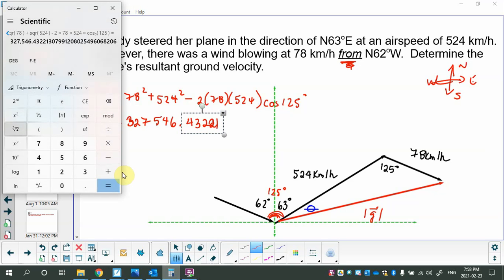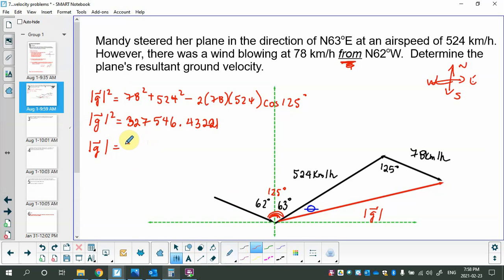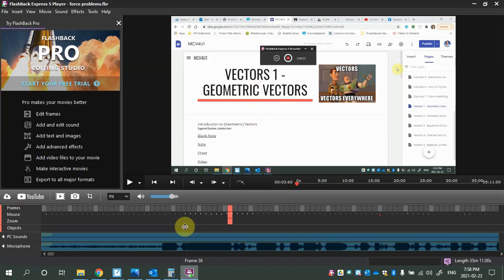And now I square root it, and I get 572.3. So that is the ground speed. So now I know how fast this plane is going. Hold on a second.